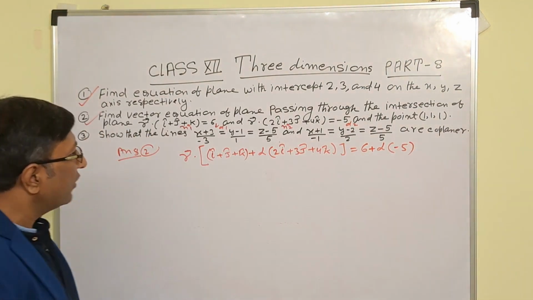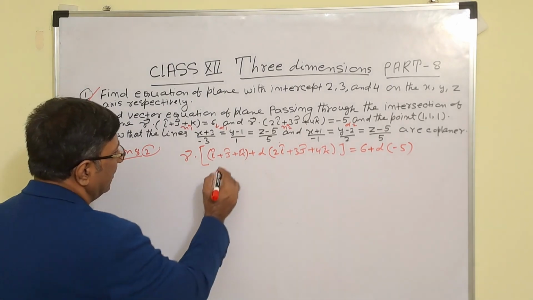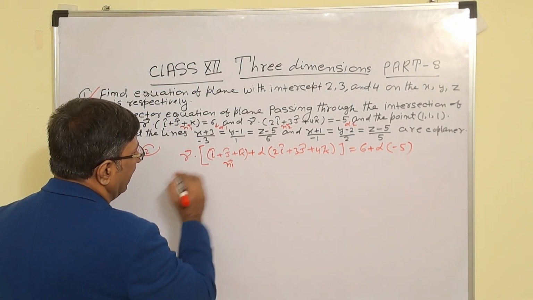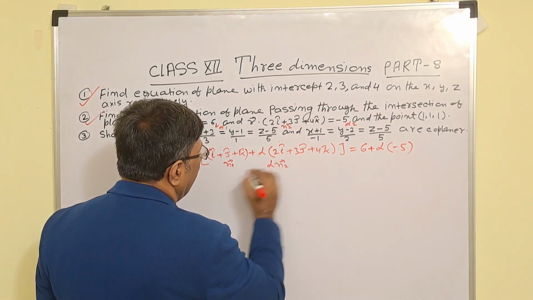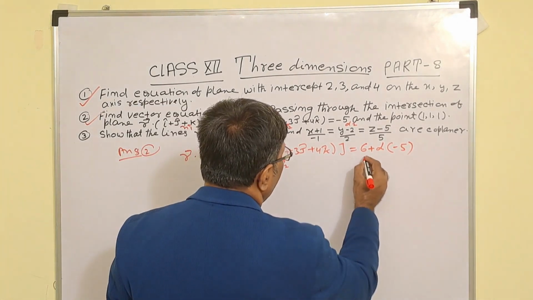Okay, so this is the format: r dot n1 vector plus lambda into n2 vector equal to what?